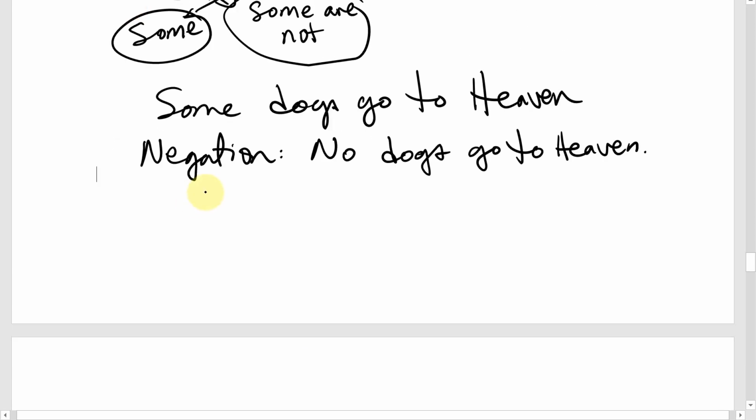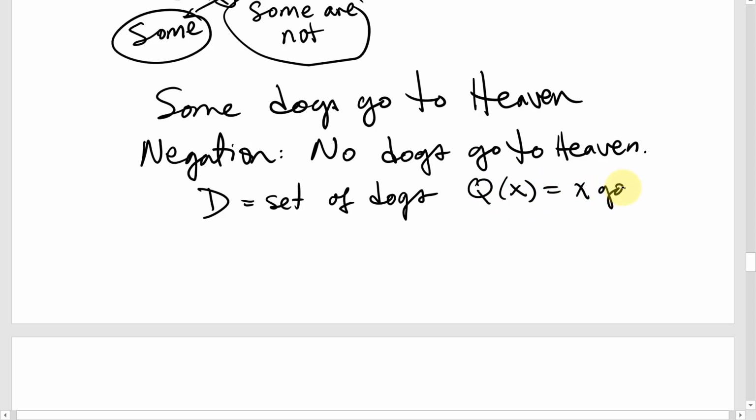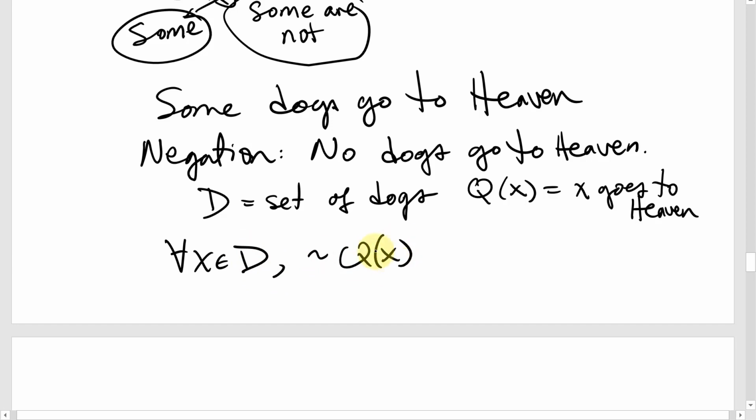We could say D is a set of dogs, and we'd have a predicate Q(x): x goes to heaven. Then we could put it formally: for all x element of D, not Q of x. We could read this as: for all dogs x, x doesn't go to heaven.